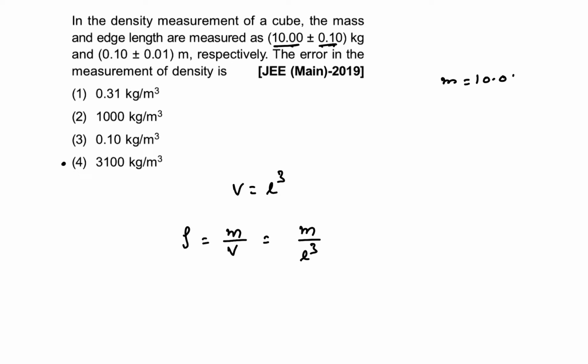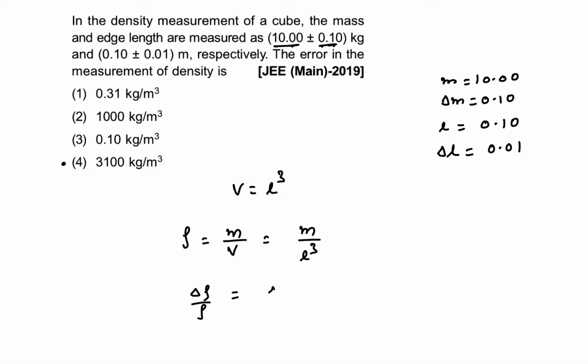cube. These are the values. If you see, mass m is equal to 10.00, delta m value is given as 0.10. Next, L value is given as 0.10, delta L value is given as 0.01.